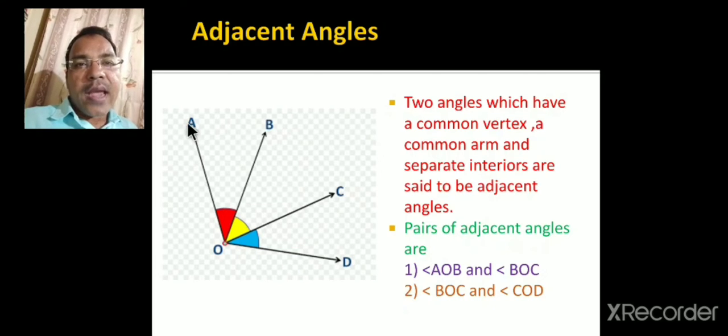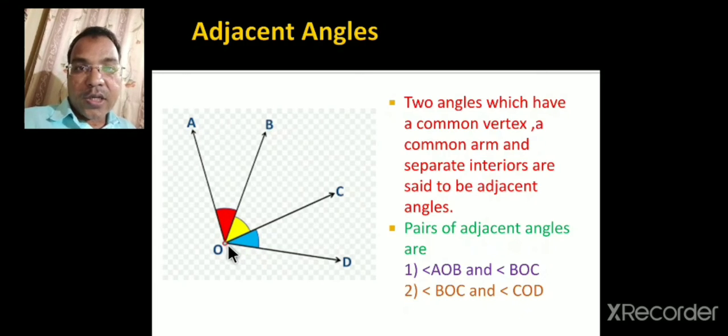Can you guess whether angle AOB and angle COD are adjacent angles? The red color and blue color interiors. Let's verify. Their vertex O is common, and their interiors are different, so two conditions are satisfied.